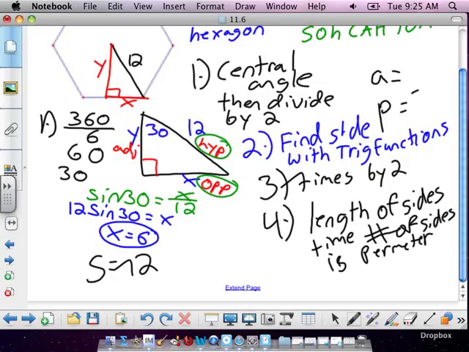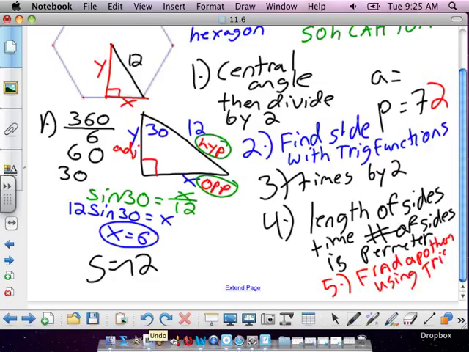Okay. Step number 5: find apothem using trig. So we're going to find y this time.